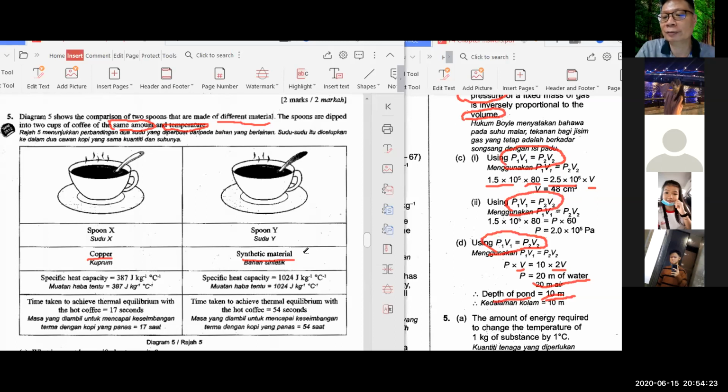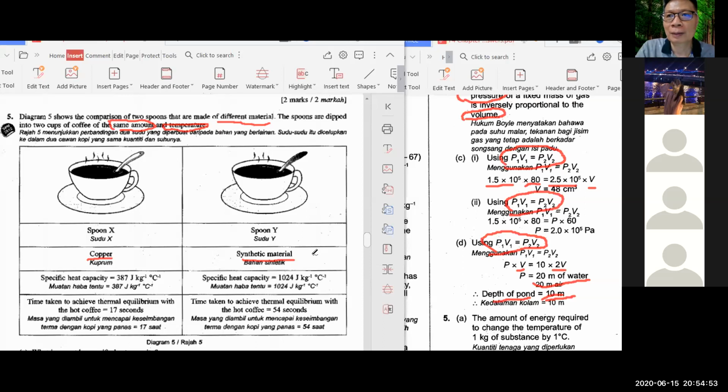Do you know or not? Terry, are you there? Combine. Chao Xiang, what about Chao Xiang? Synthetic means what? Inorganic. No.